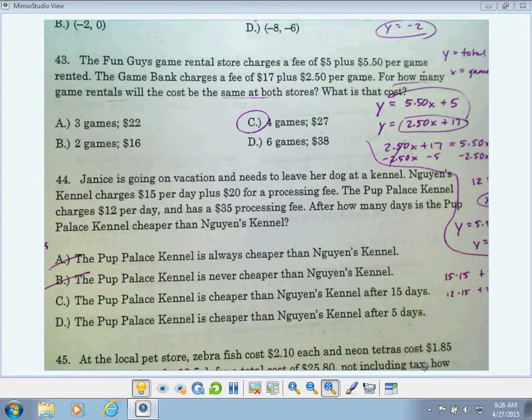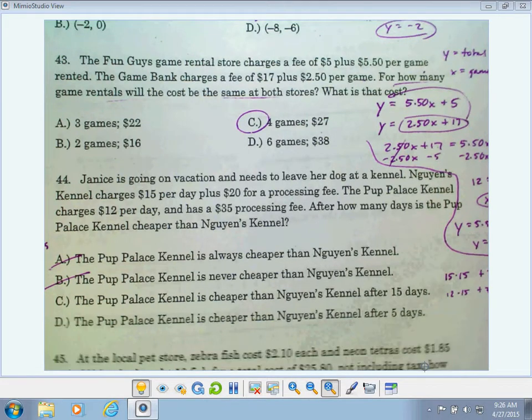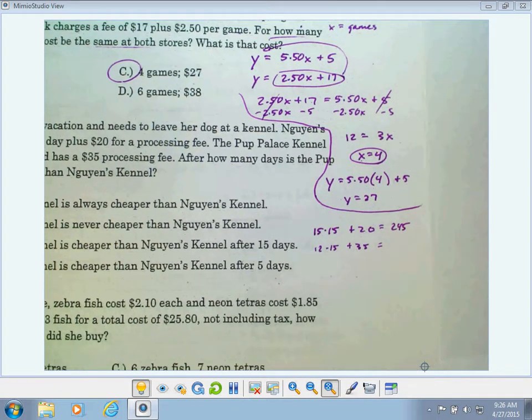So the first one is $245. See, I'm working this out for if it were 15 days.